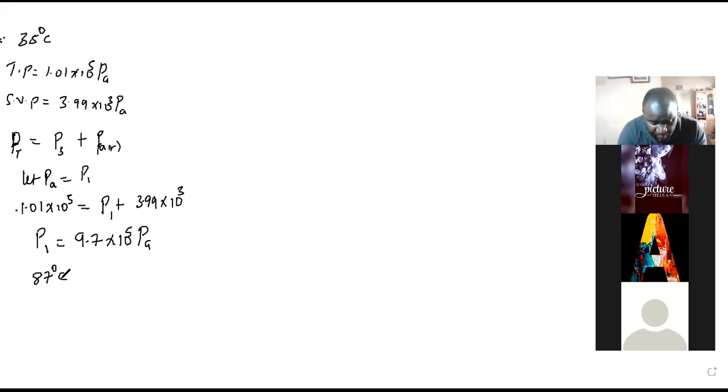At 87 degrees Celsius, we had the saturated vapor pressure, the pressure of the saturated vapor, as 7.18 times 10 to the power 4 pascals.